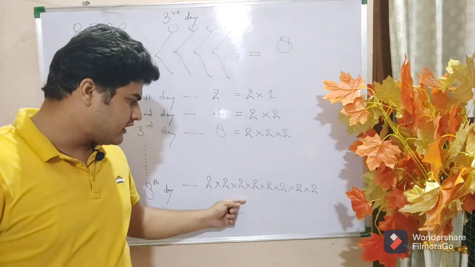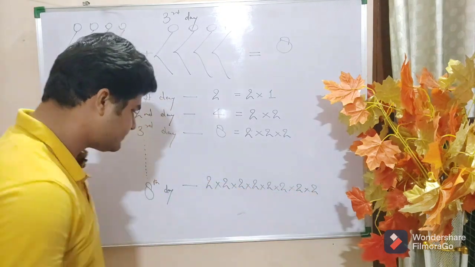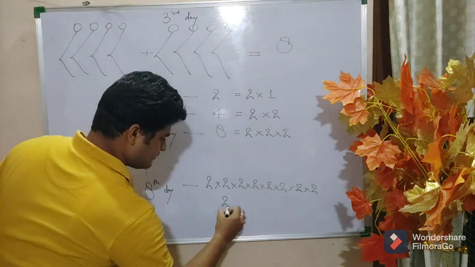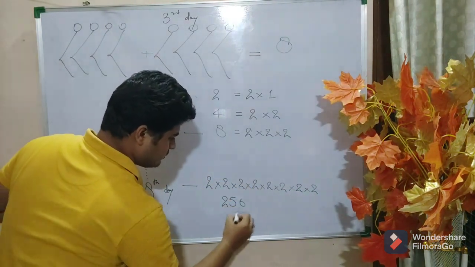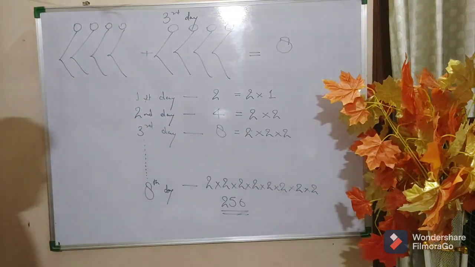So 2, 4, 8, 16, 32, 64, 128, 256. So how many patients would be there? 256.